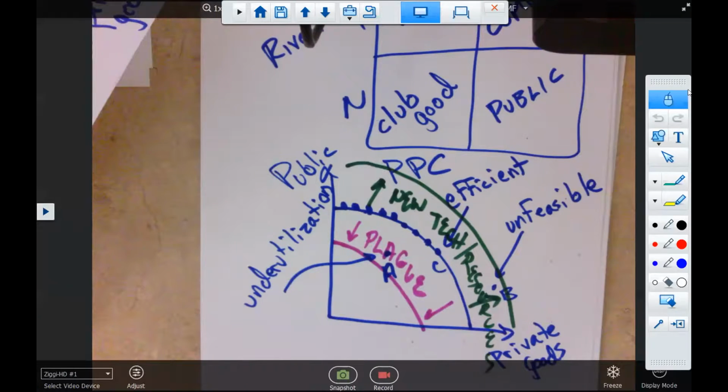What about the court system? Government. Why? The legal system is non-rival. And is it excludable? No, not excludable. You can't just opt out.